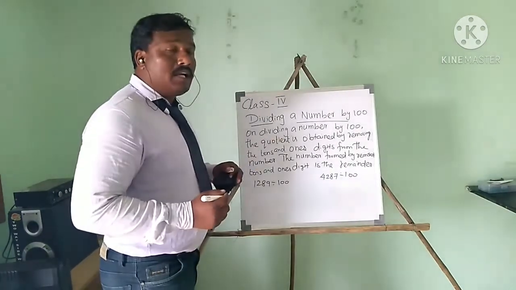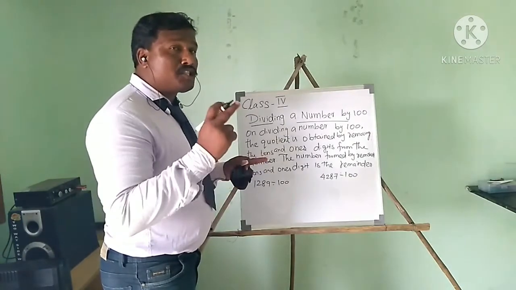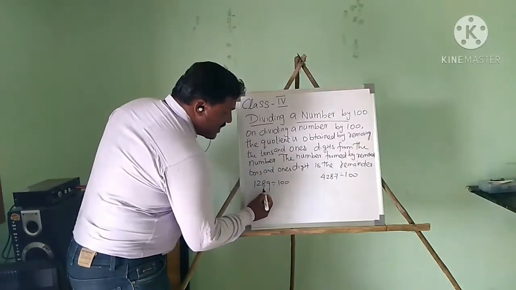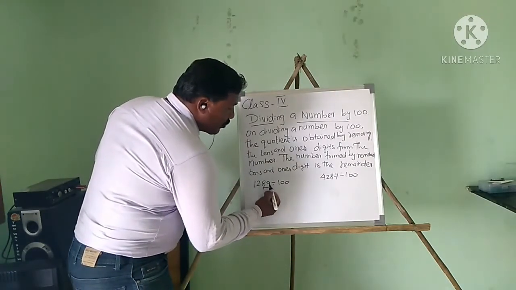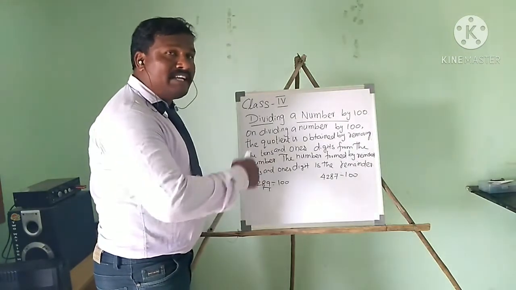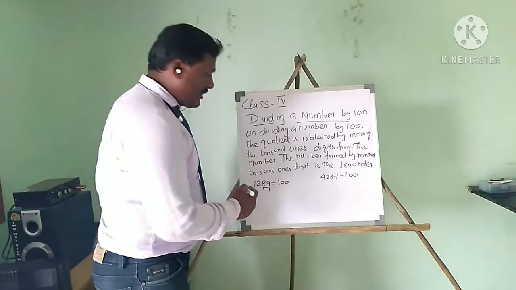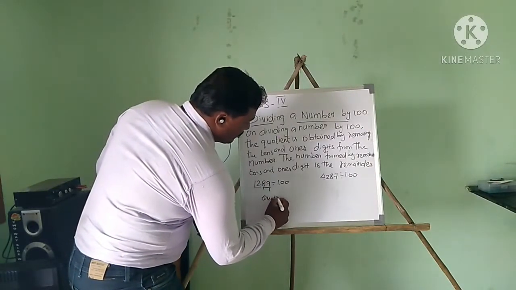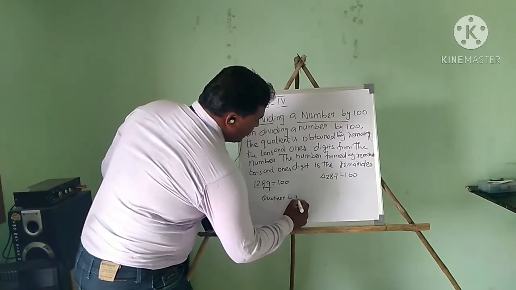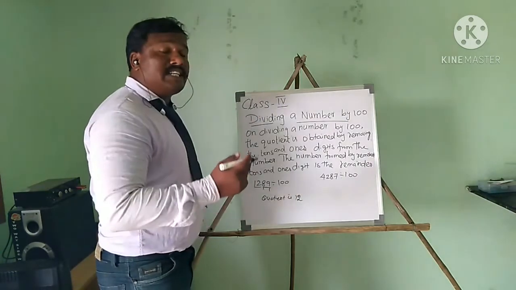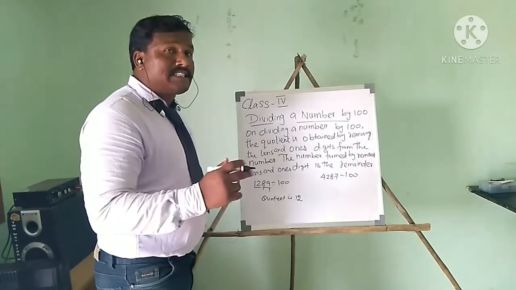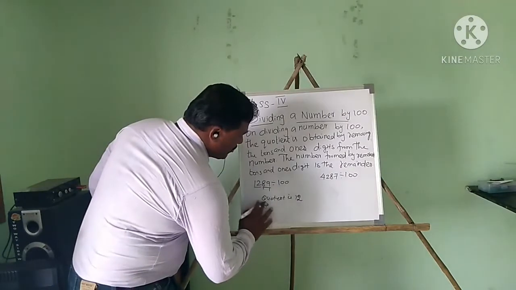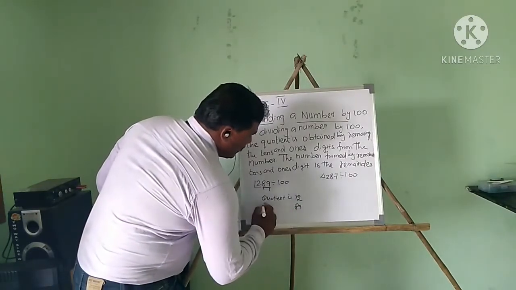As per the rule, we have to remove the last two digits, the ones place and tens place. The remaining digits form the quotient. So 12 is the quotient. The last two digits we removed form the remainder. So 89 is the remainder.